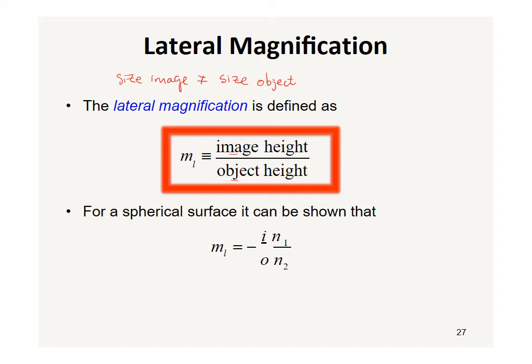And using some fairly simple geometry, which I'm not going to go through, not because I don't think you can do it, but because I think that doing it doesn't really help you learn more about optics.